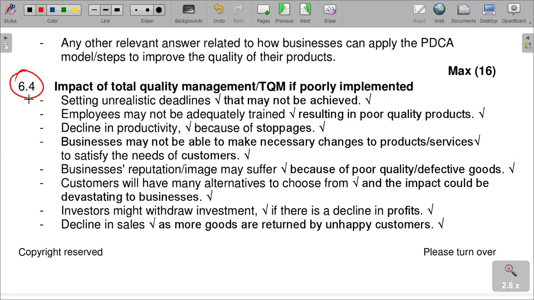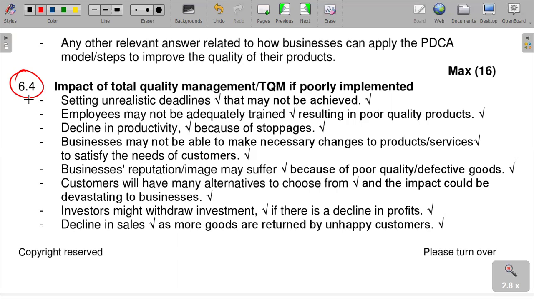And then failure to meet deadlines in productivity because of stoppages, because the total quality management process was poorly implemented. Hence, deadlines in terms of productivity cannot be met because of various stoppages caused by faults and problems arising.